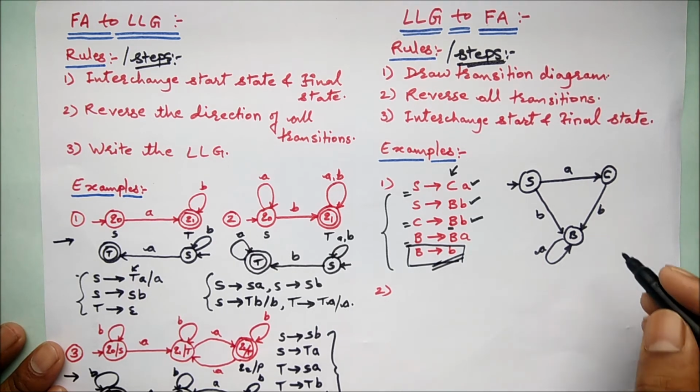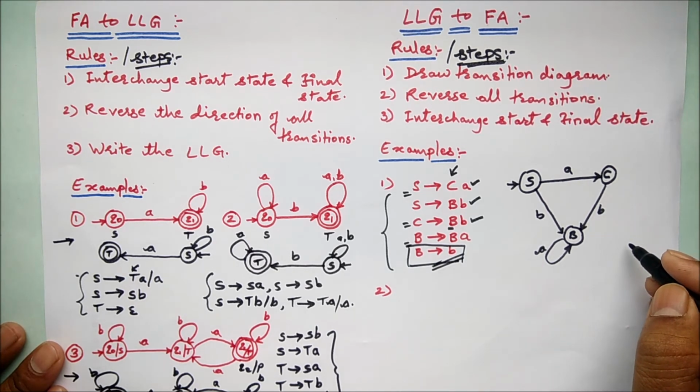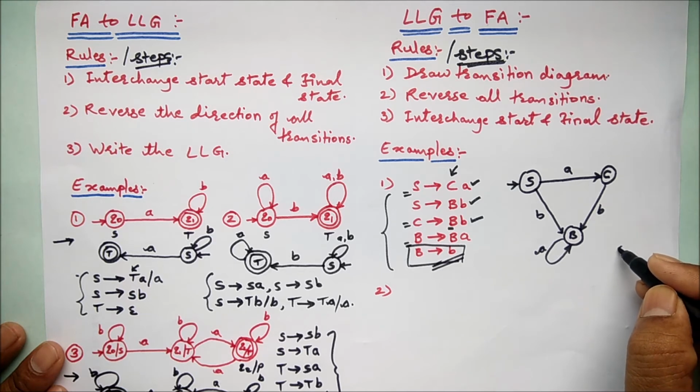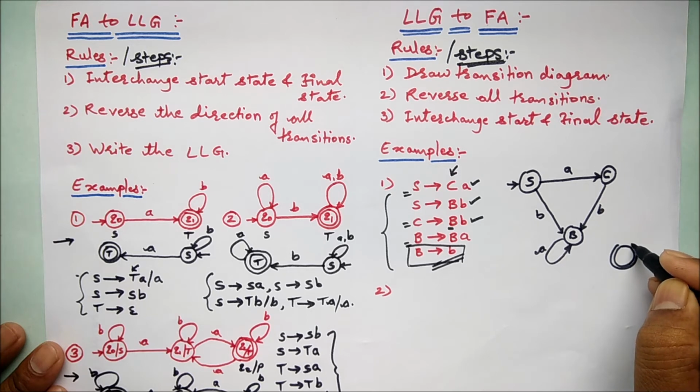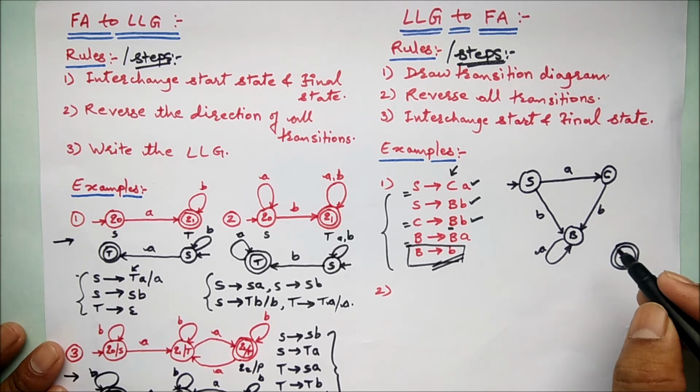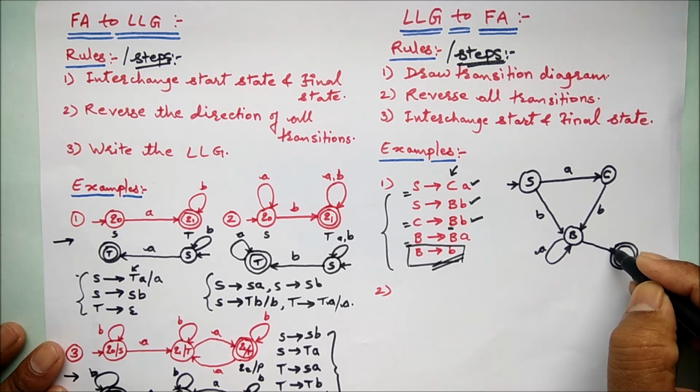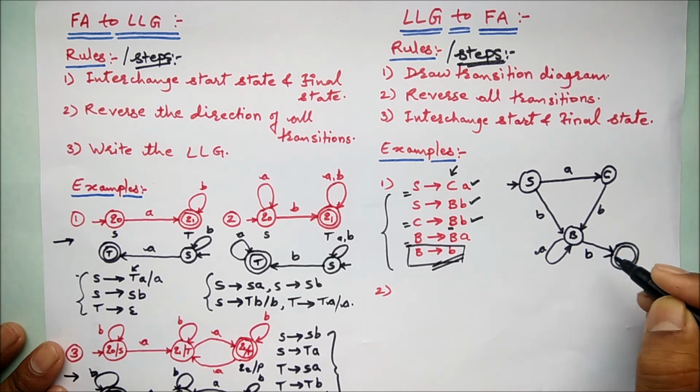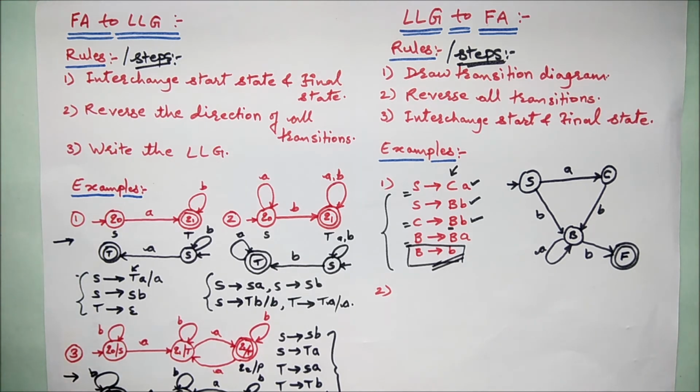So we can make one more state, a final state, which is not given in our grammar, but B is transiting to it with input symbol B, and let's name this state F, right? So this finishes all the production rules in a simple manner following the steps.